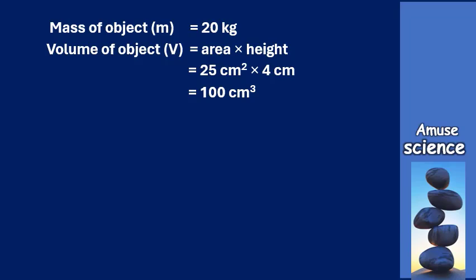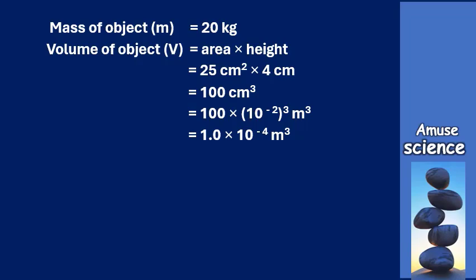But for now, we know that centi is a prefix and it is 10 exponent minus 2. So we place it there, and because we are dealing with cubes, you cube it, and we get 1.0 times 10 exponent minus 4 cubic meters. Therefore, we have found our volume.